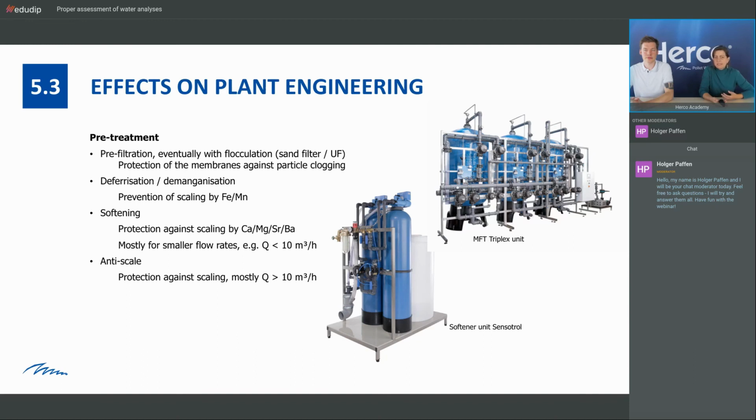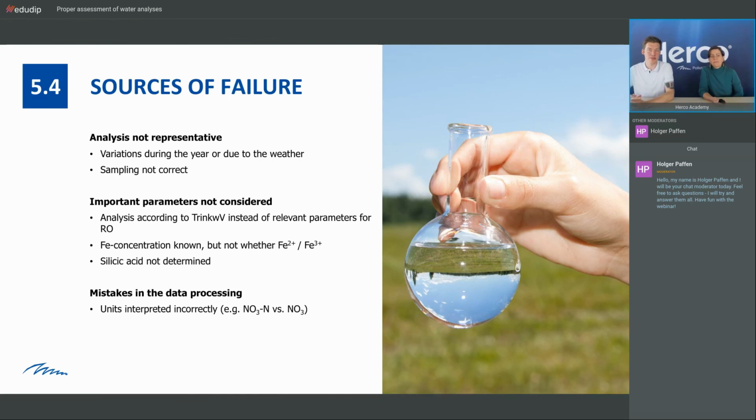But the tendency is for smaller units, you rather use softening. For larger units, you rather use anti-scale operation. In both cases, we have a certain protection against scaling, and that means we can operate our reverse osmosis without any operational problems.